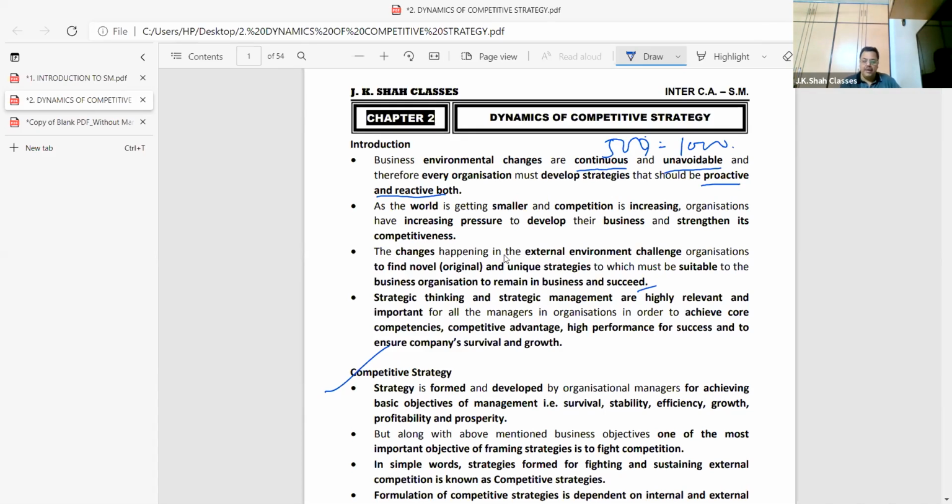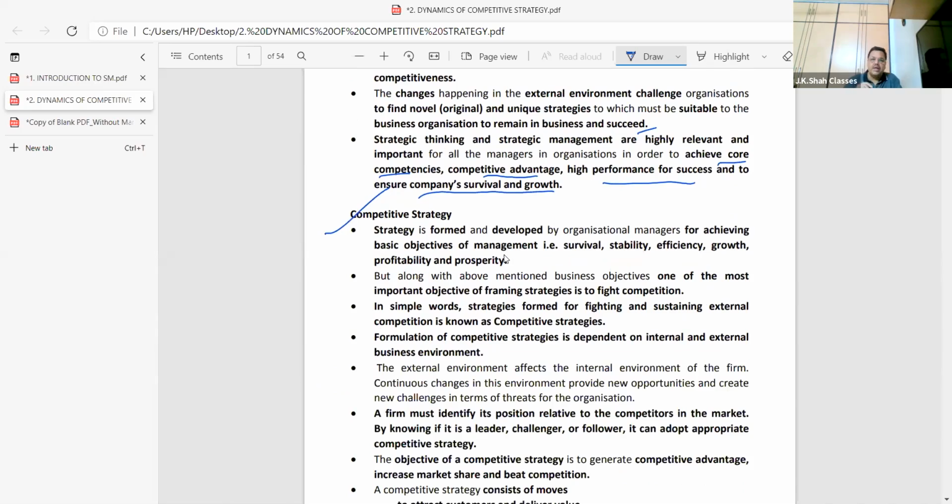Strategic thinking and management, that is formulation and management, are highly relevant for organizations to achieve core competencies, competitive advantage, high performance for success, and to ensure company survival and growth. These terms which I have marked, we have separate topics, we will study that in detail. Your chapter actually starts here, competitive strategy.